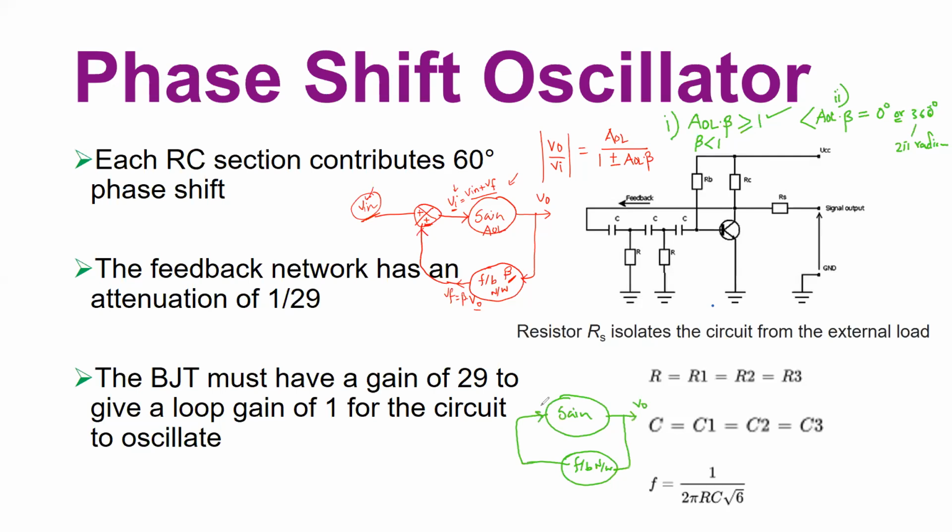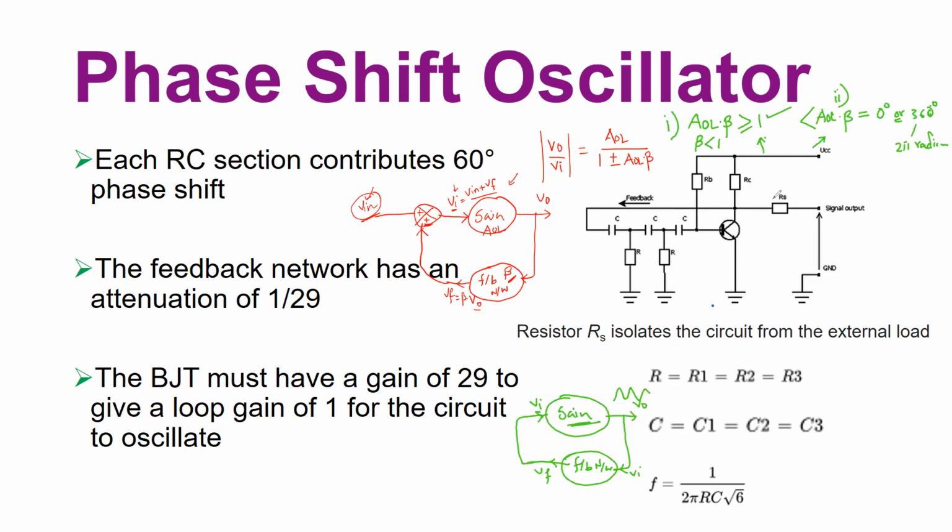Actually output becomes input here, and that's how this feedback signal VF becomes the input to the oscillator circuit, and you have this sine wave produced, provided you are satisfying these two conditions here.